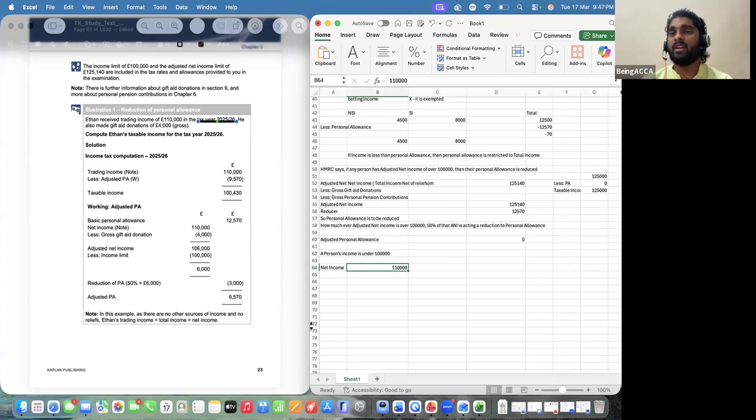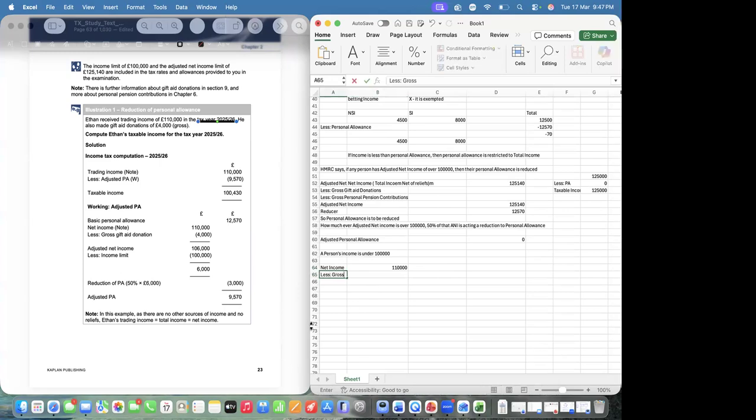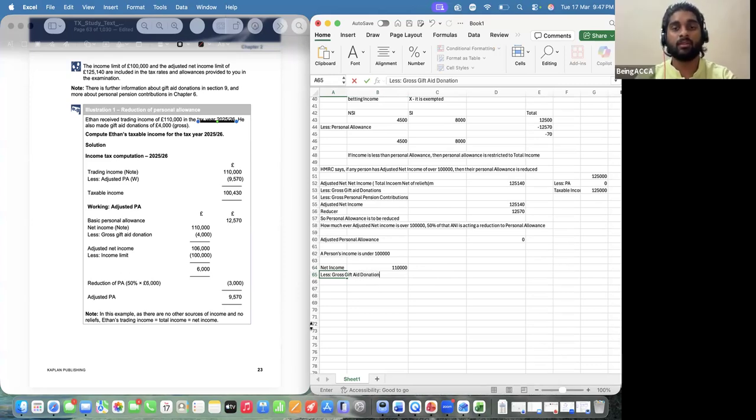So from net income, what do we deduct? Less gross gifted donations. I will tell you why gross is important in tomorrow's class. But remember, it should always be gross gifted donations and gross personal pension contributions. All right. Yes, sir.